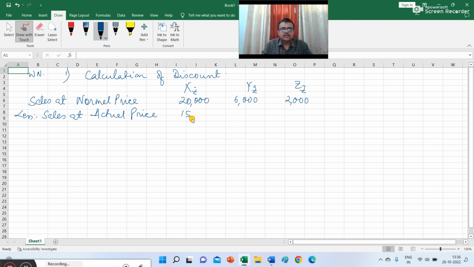We have 15,000, 4,800 for Y and 1,200 for Z. So the departments gave a discount of rupees 5,000 for department X, 1,200 for department Y and 800 for department Z.